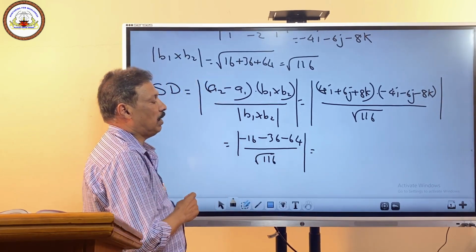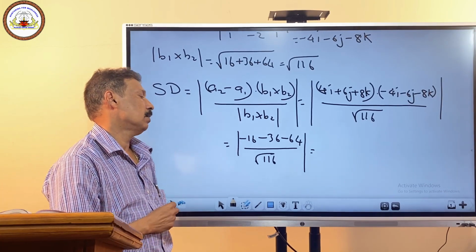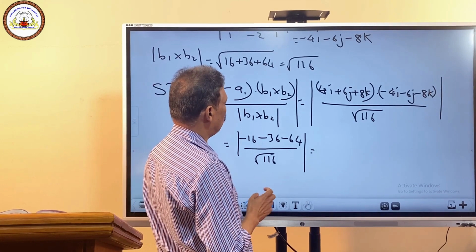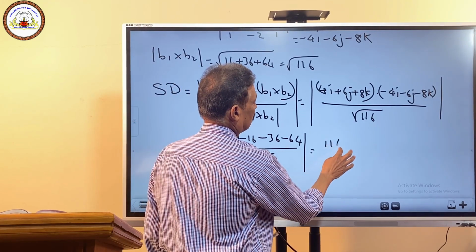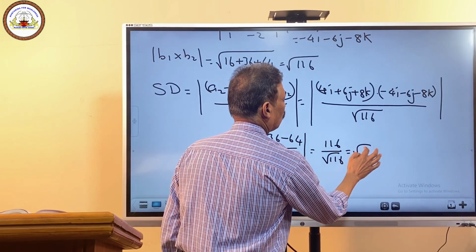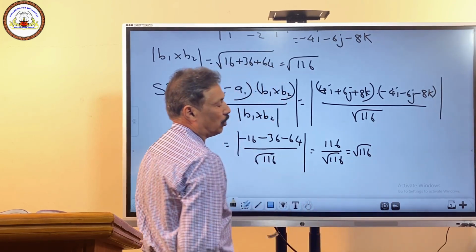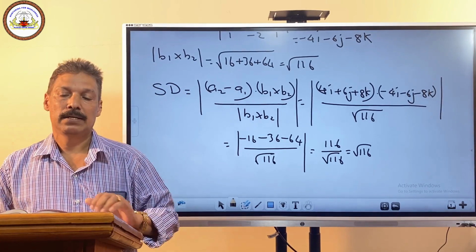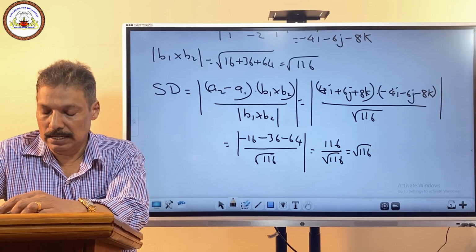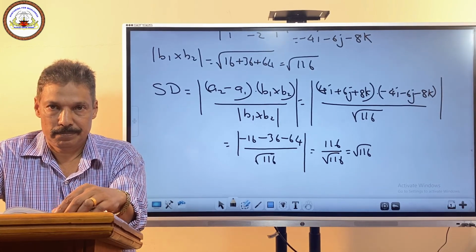Then minus 16 minus 36 minus 64, that is equal to minus 116. Avoiding the sign, we take the modulus, that is 116 divided by root 116, that is equal to root 116 units. So this is the shortest distance between the given two skew lines.